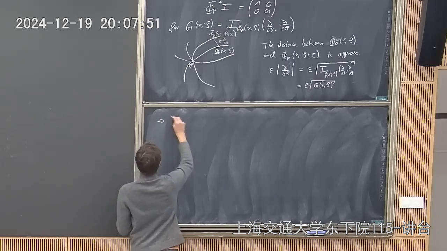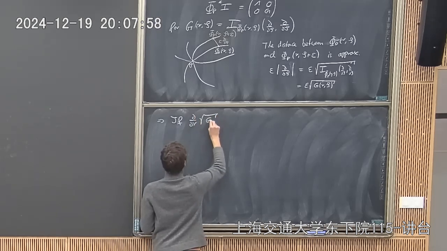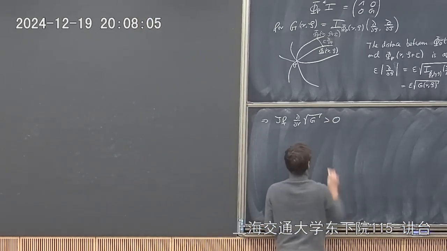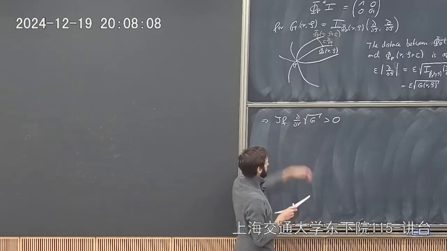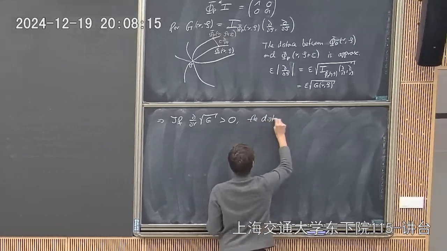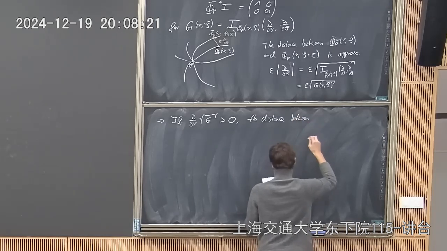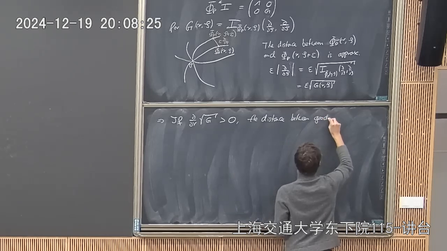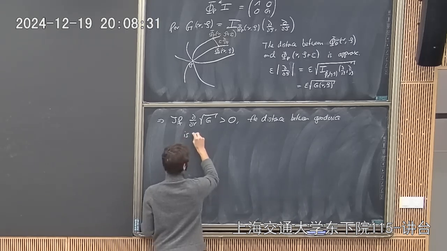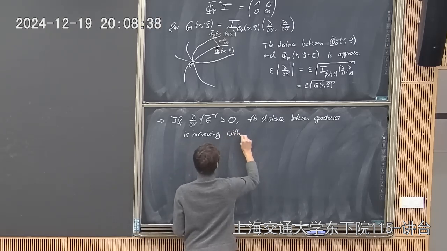So in particular, if you take the partial derivative of the square root of g with respect to r, and assuming that this one is positive, so the square root of g is increasing if I increase r, then the distance between geodesics is increasing with large r.